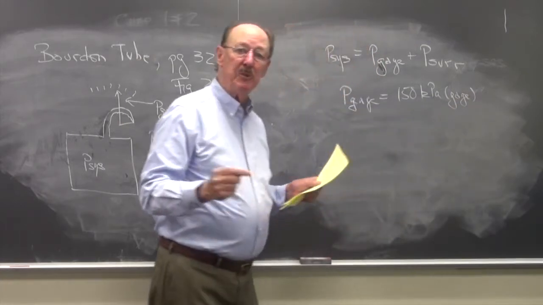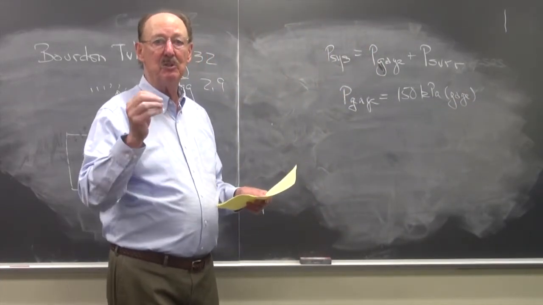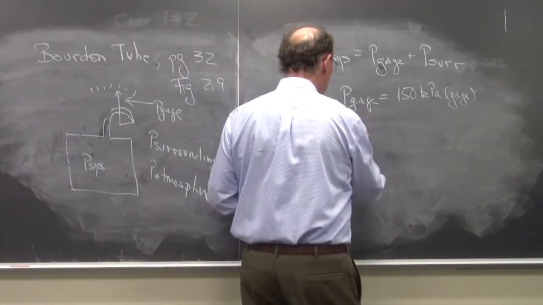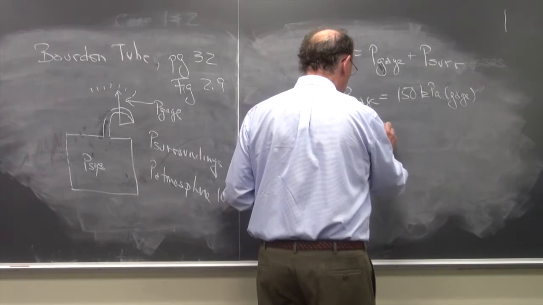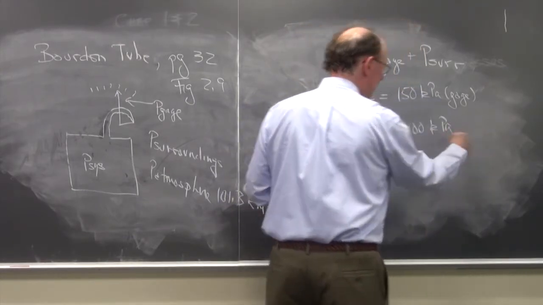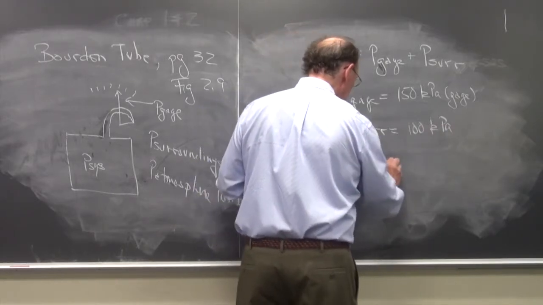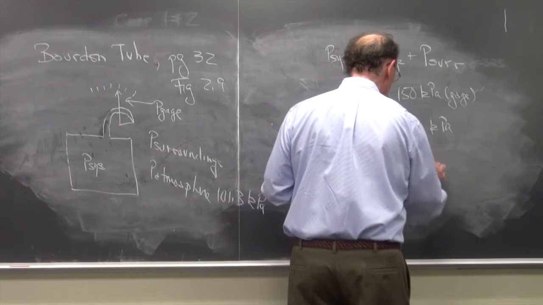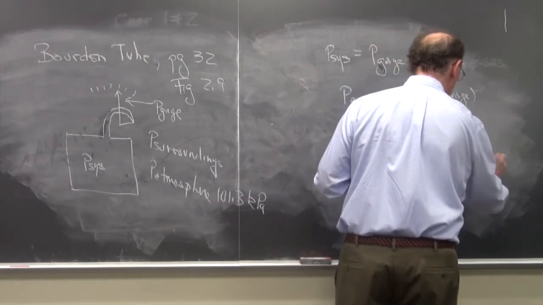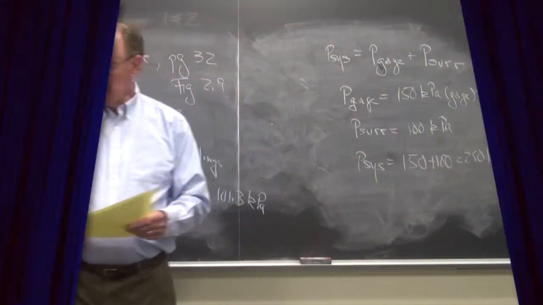When you're measuring gauge pressure, you either put a G after it or "gauge" after it so you know what it is. It's not absolute pressure. And the P surroundings is 100 kPa. Notice that's absolute pressure, and then P system is equal to 150 plus 100, which is 250 kPa. So I can determine the system pressure.